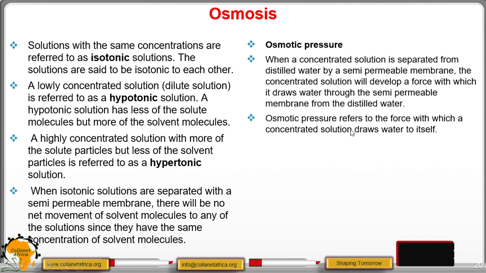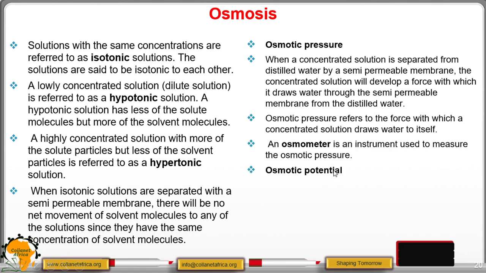So osmotic pressure refers to the force with which a concentrated solution draws water to itself. And an osmometer is used to measure osmotic pressure.